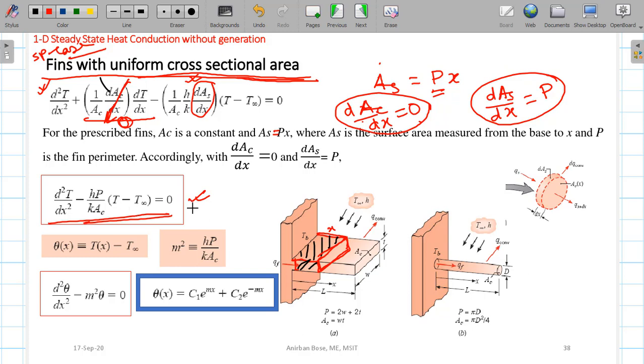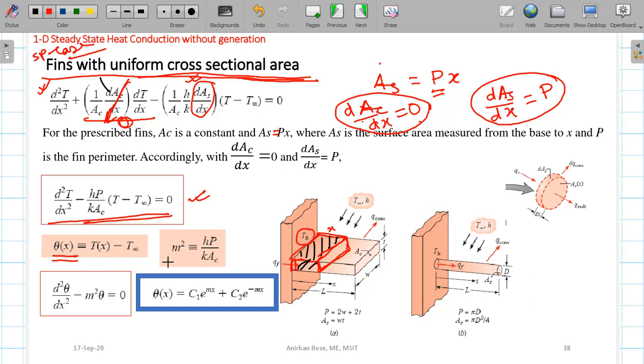To solve this differential equation, let us first define something which is theta. Theta is defined as T minus T infinity. What is T? T is basically the temperature at a distance x from the base of the fin. This is the base of the fin, as you can see in the picture, where Tb indicates the base temperature.